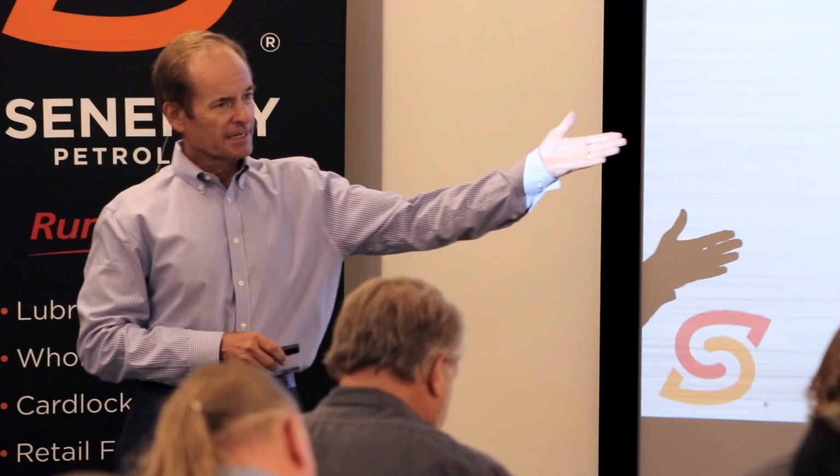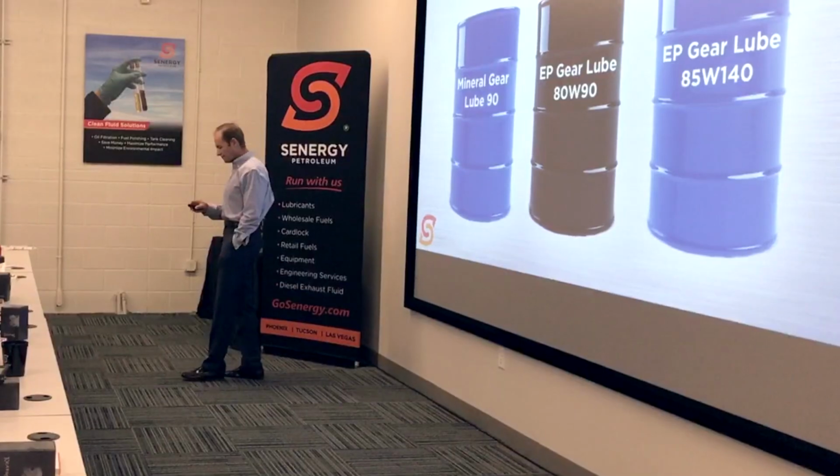You had an 80-90 that went in some gearboxes and some axles, and you had 85-140 for really heavy-duty axles. And that was pretty much what you needed to know. And that's not the case anymore by any stretch.